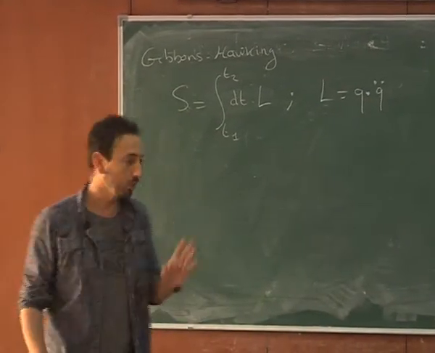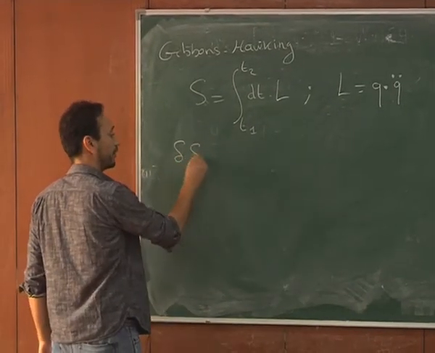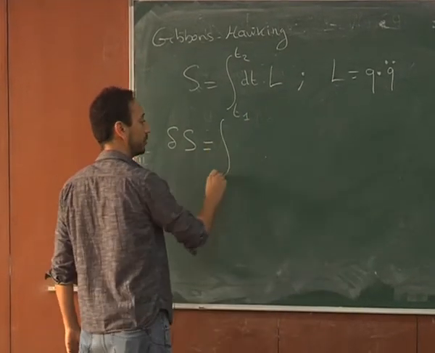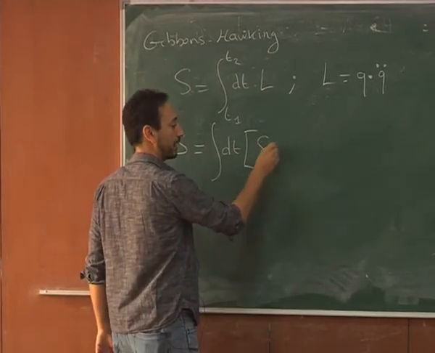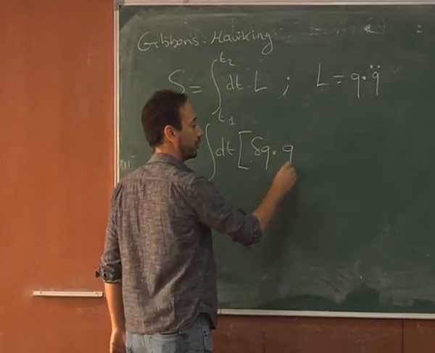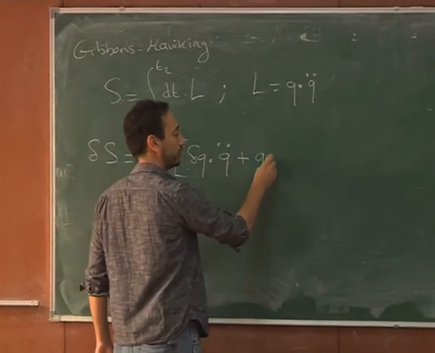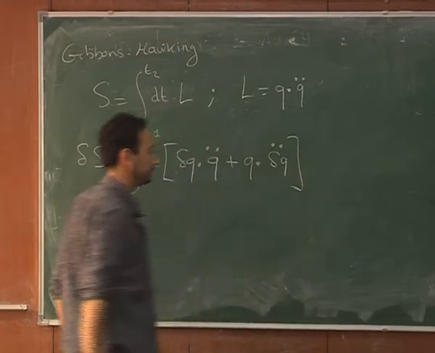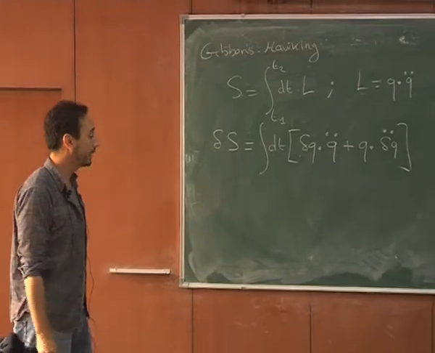So imagine I would like to do the variation of this action. If I make a variation of this action with respect to the parameter q, what am I going to get? The first one, I'm getting delta q, q double dot, and then I have plus q, delta q double dot. So far it is fine. This is what we get.